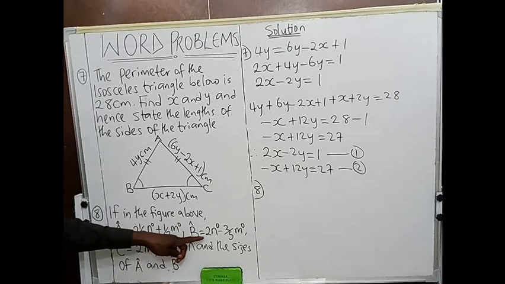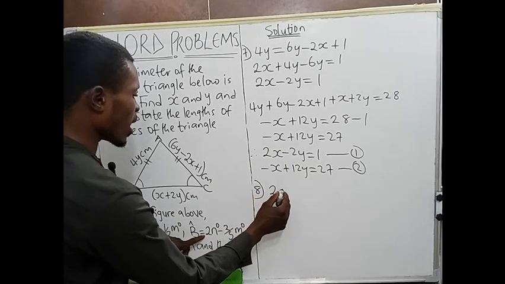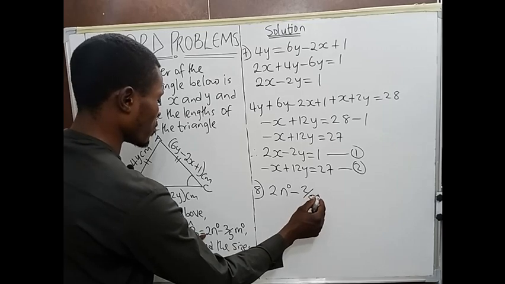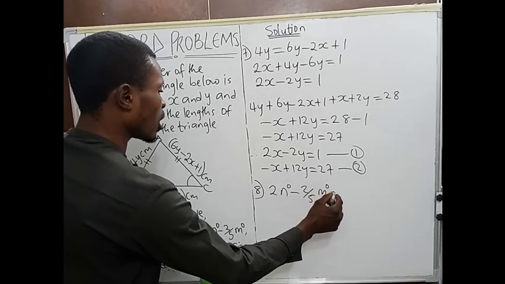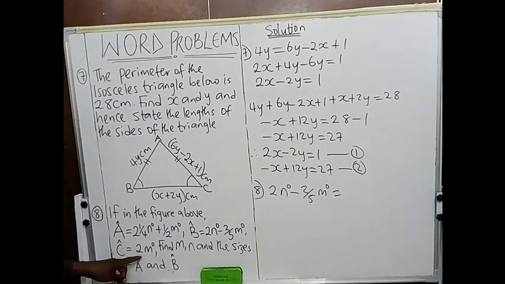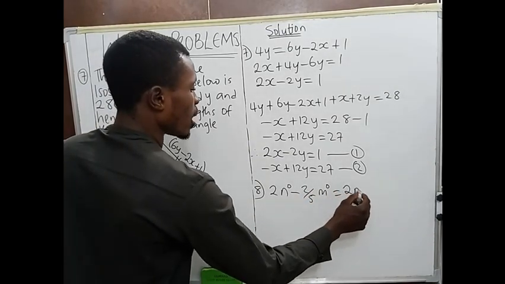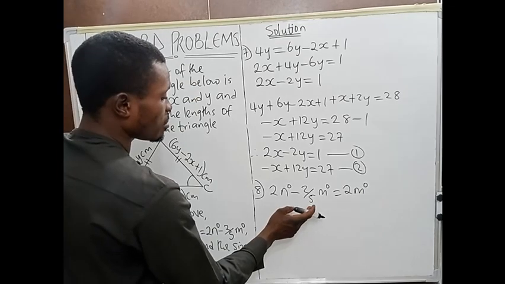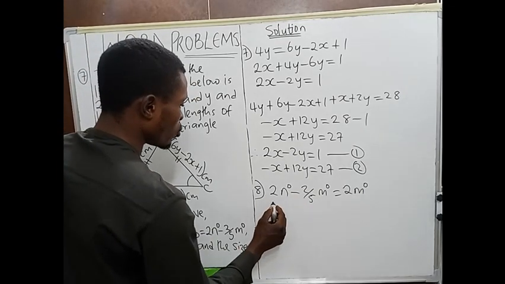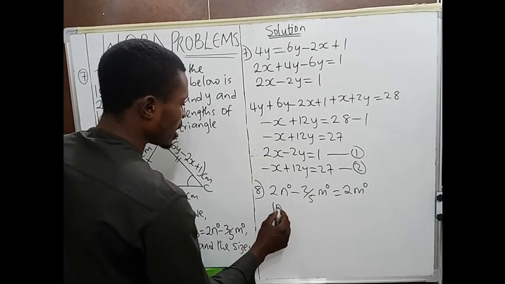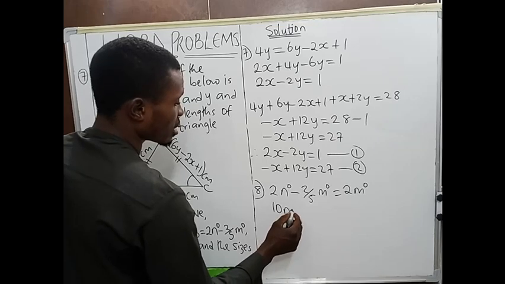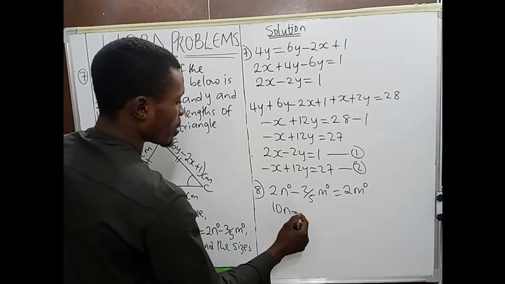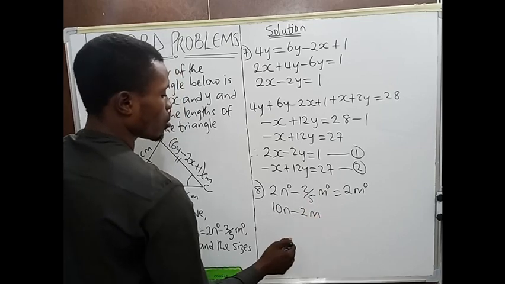So what is B? That is to say 2n degrees minus 2 over 5 m degrees equals C, 2m degrees. To clear fractions, we're going to have what? LCM is 5, so multiply through by 5. You have 5 times 2n, 10n, right? 5 times this minus 2m.